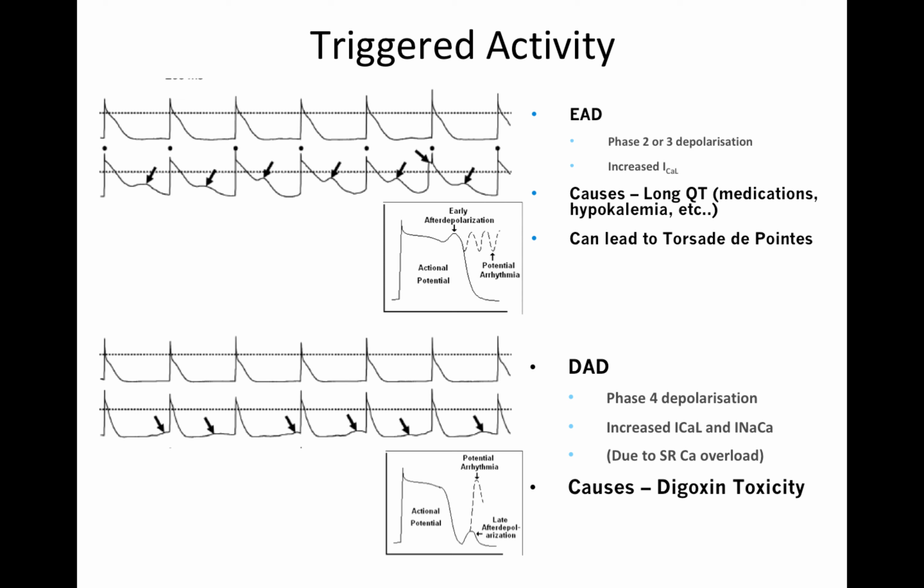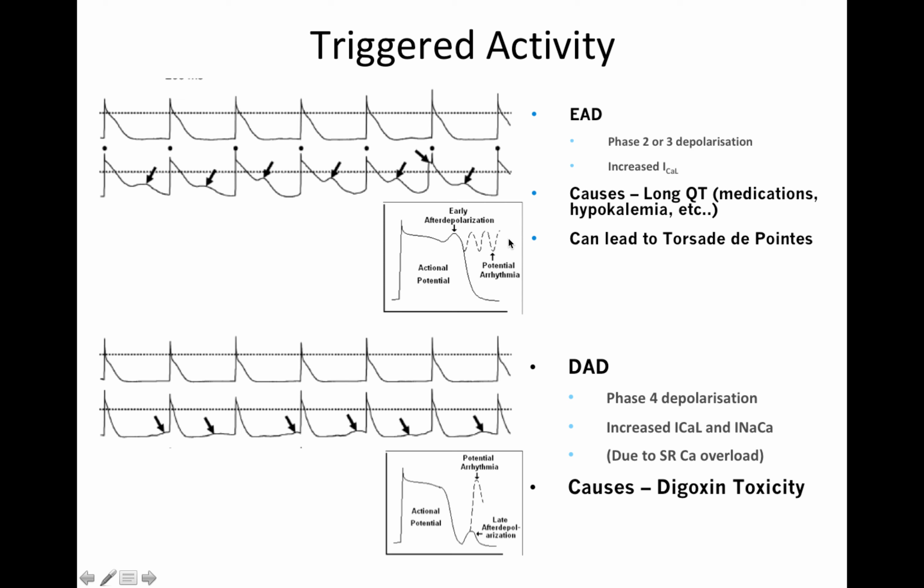Triggered activity is an abnormal process where there is an early afterdepolarization. Under usual circumstances, the action potential has to get back to phase 4 before another depolarization is triggered, but in this case there's an early afterdepolarization that triggers another action potential.